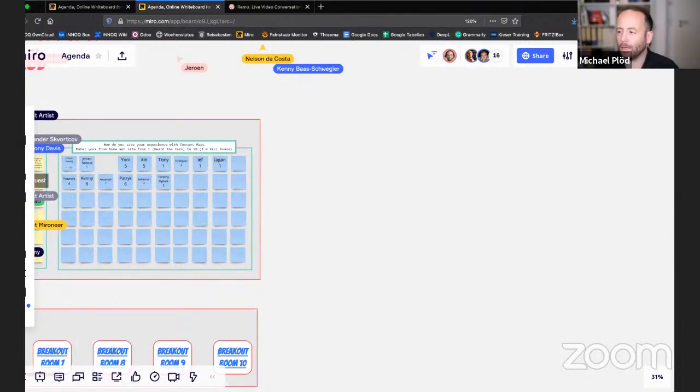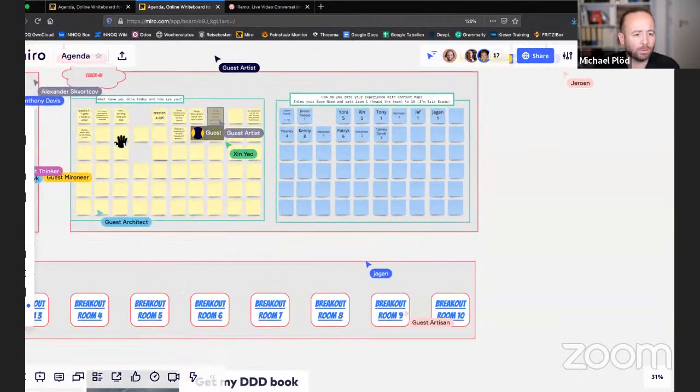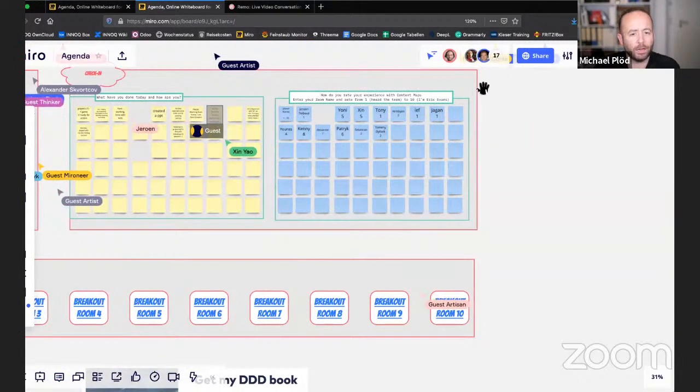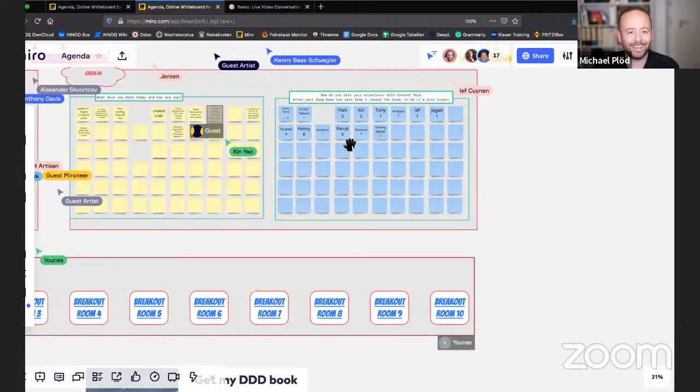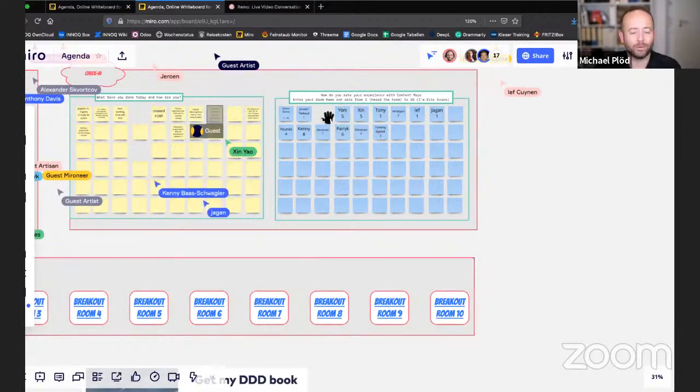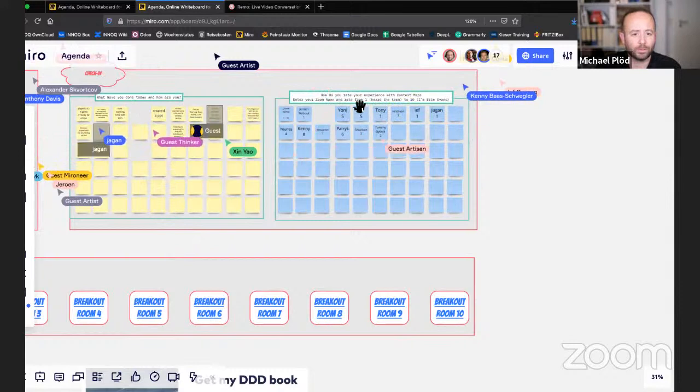First of all, I'll share the Miro board again in the chat. Give me a minute for that. So this is the Miro board. On the Miro board, you can go into those sections and fill out how you are, what you have done today. Someone was creating a PowerPoint, for instance. Then how would you rate your experience with context maps? Have you done that before? Haven't you done that before? On a scale from 1 to 10.